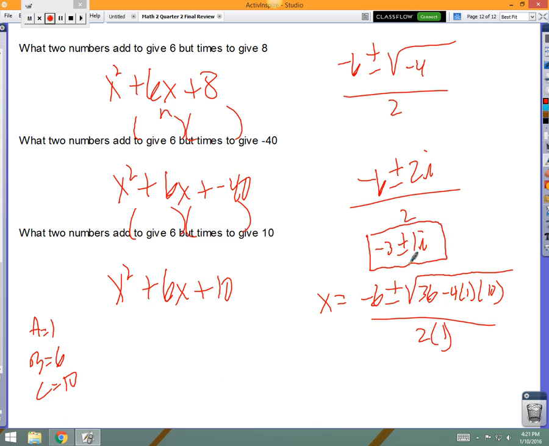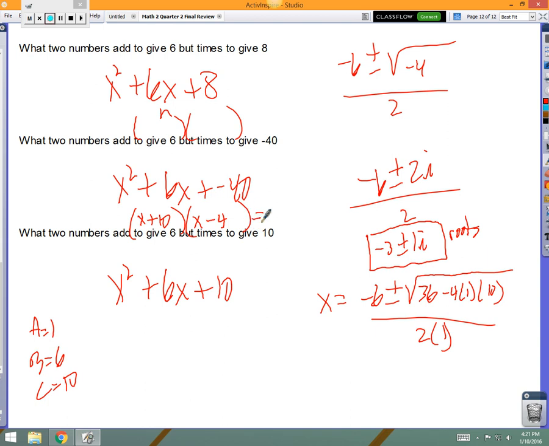These, though, are the roots. And I'm not really looking for the roots. I'm looking for what was before the roots. So in this case, it was x plus 10 and it was x minus 4.